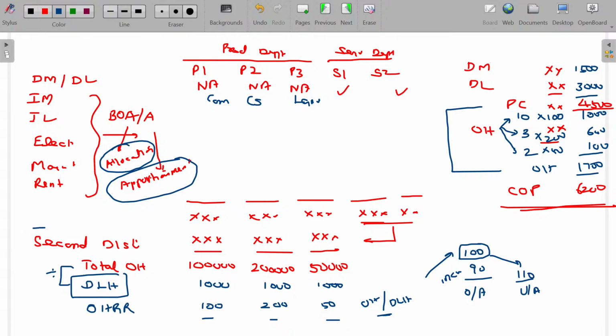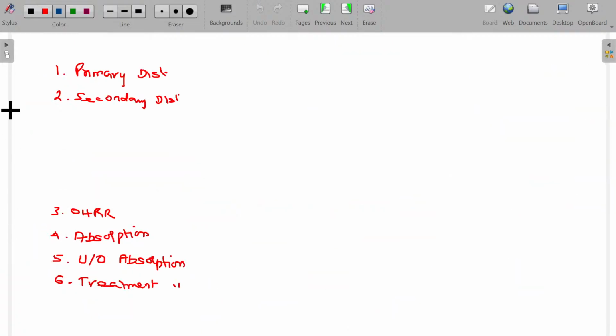And for the secondary distribution, you have 3 methods to distribute. One is the repeated direct distribution method. Another is the step or ladder method. Another is the reciprocal method.